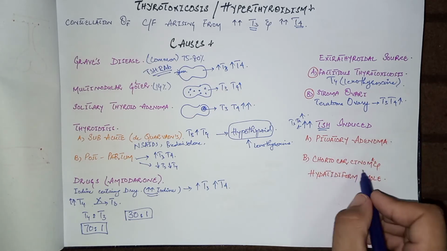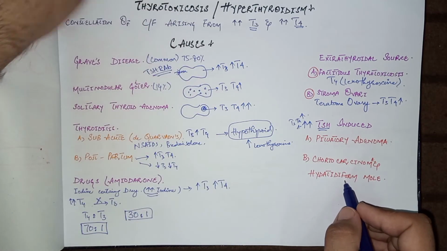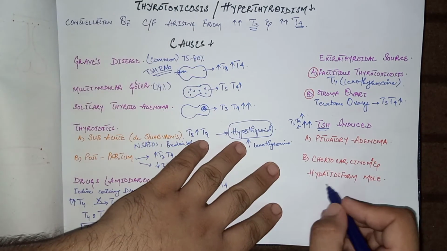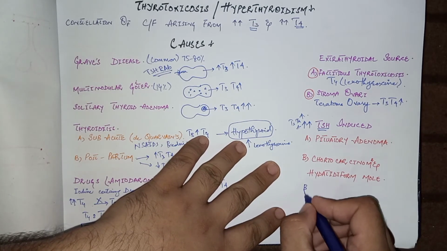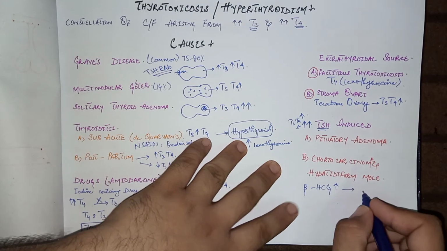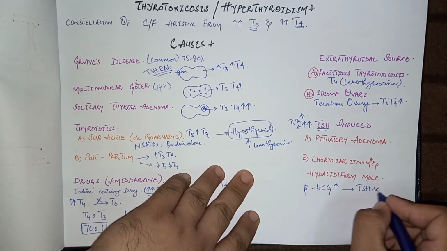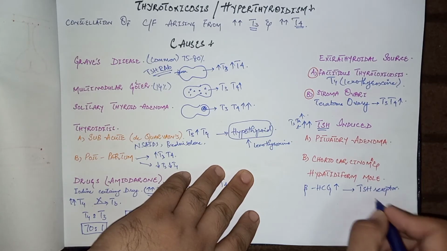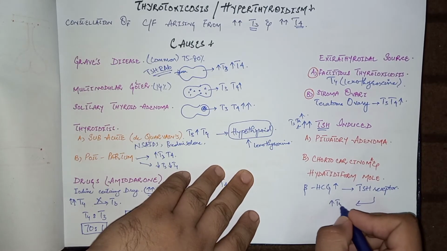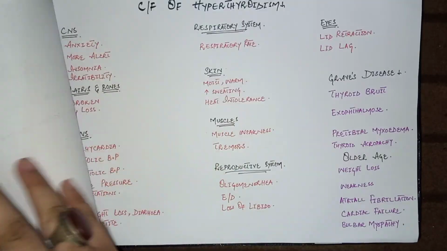Also, placental tumors like choriocarcinoma and hydatidiform mole have very high beta HCG. This beta HCG has a weak action on TSH receptors. When beta HCG stimulates the TSH receptors, there is increased T3 and T4 in the blood, causing hyperthyroidism.